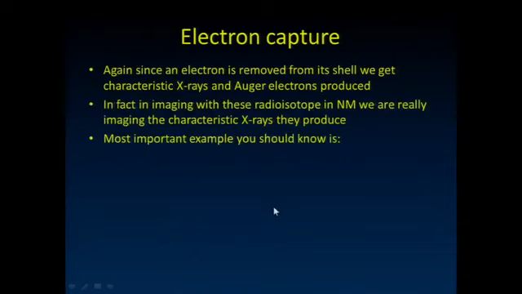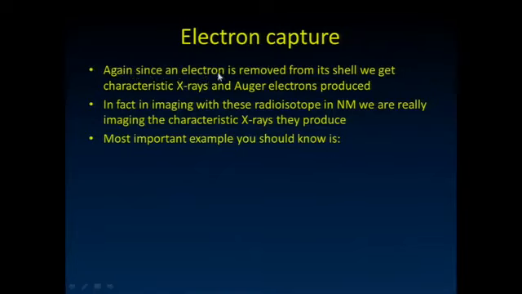Immediately you should be asking yourself, well, what the heck are we imaging with here, right? So far the only thing you've described to me is the capture of an inner shell electron into the nucleus. Where's the thing that we're going to use to do some imaging?